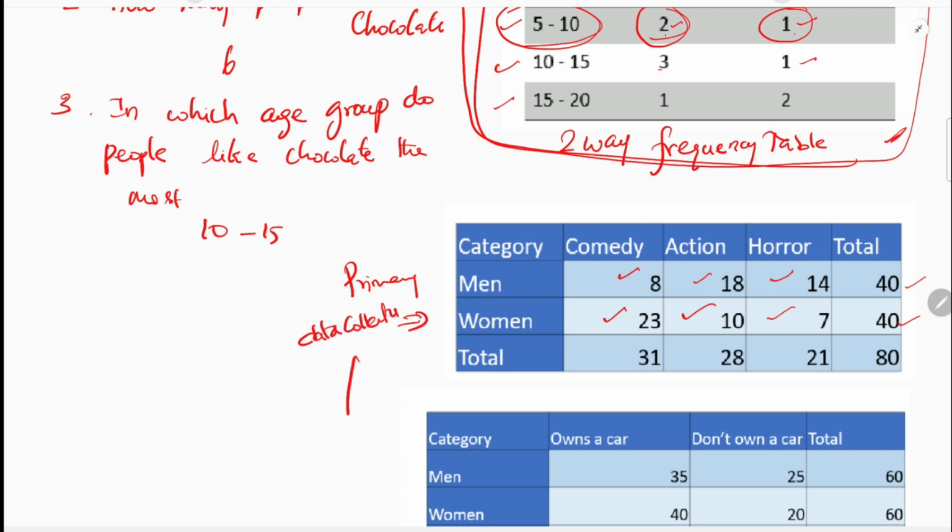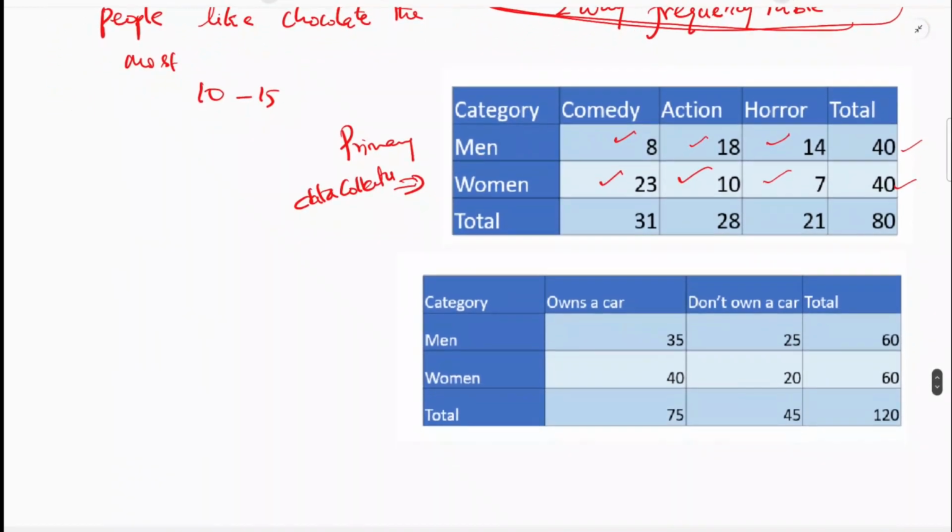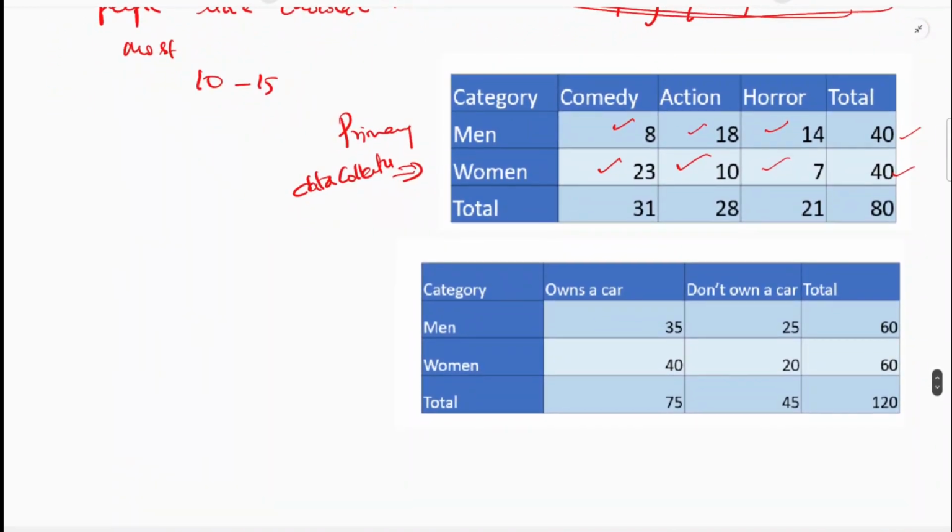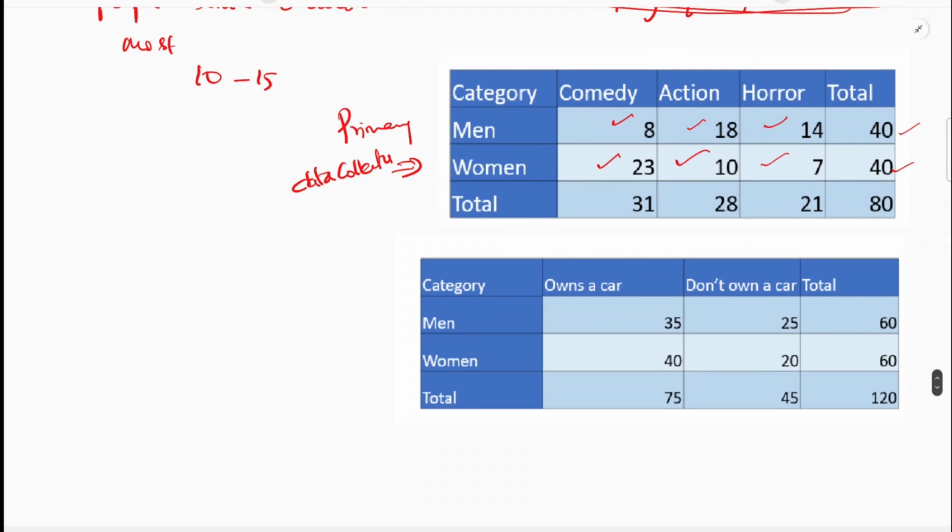From the primary data collection we are going to convert to a frequency table. Interpreting: how to interpret the entries in the table, the entries in the table are counts. The table has several features.